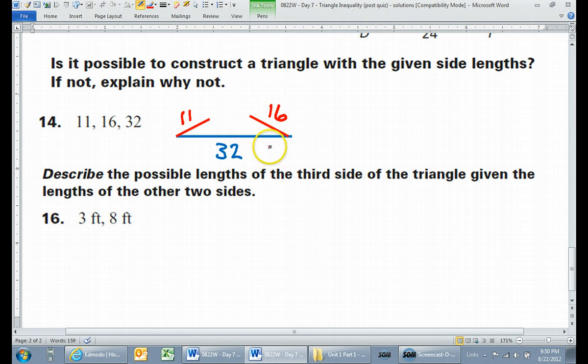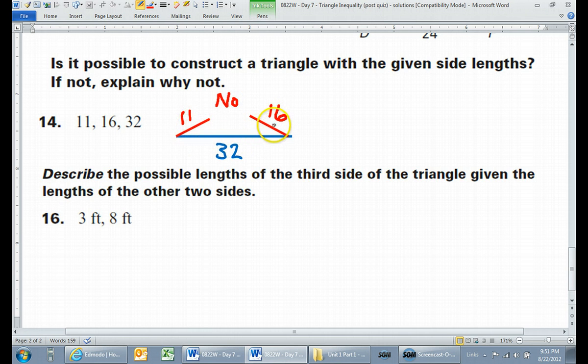Okay, so the question is, will these reach? I've got 11 stretching from the left, 16 stretching back from the right. I've got 32 between them. Will they be able to meet in the middle with enough left over to form a triangle? Well, hopefully it's obvious to you that the answer is no.